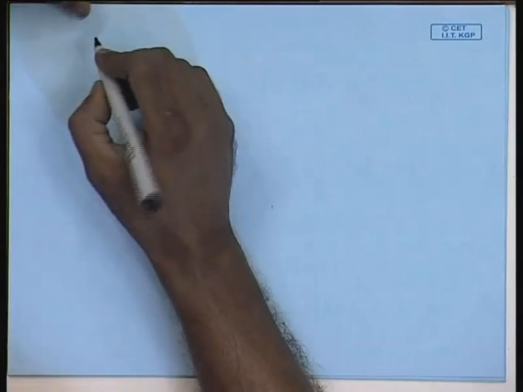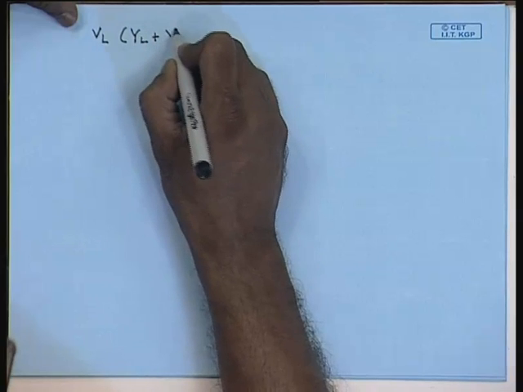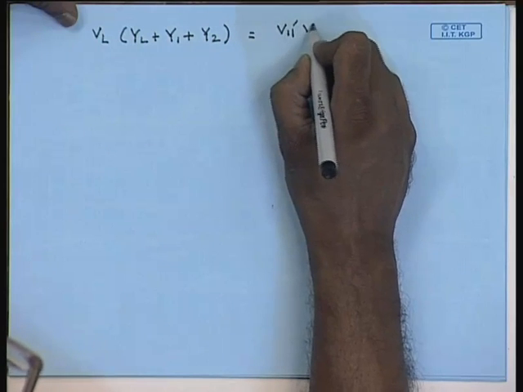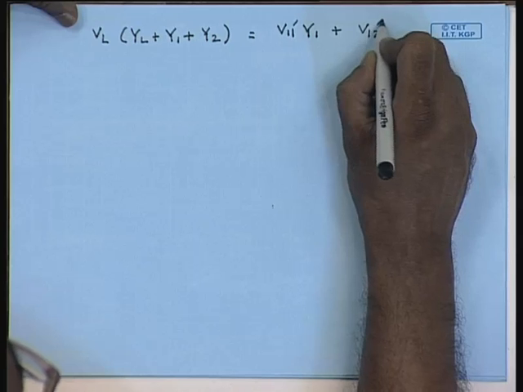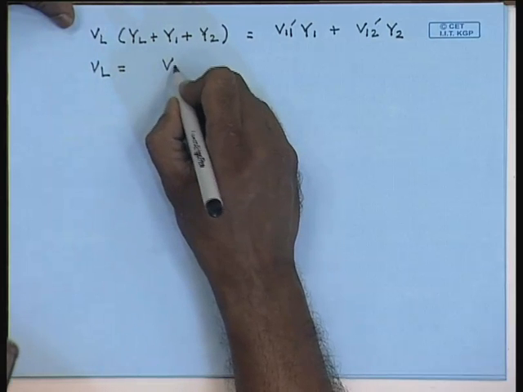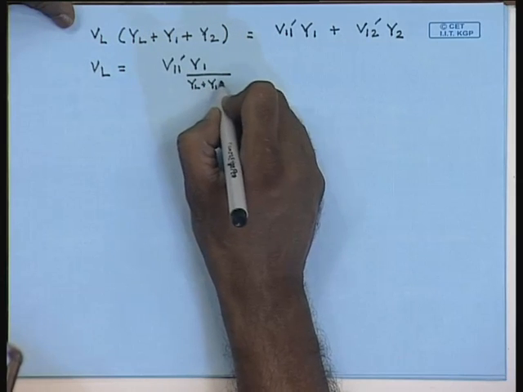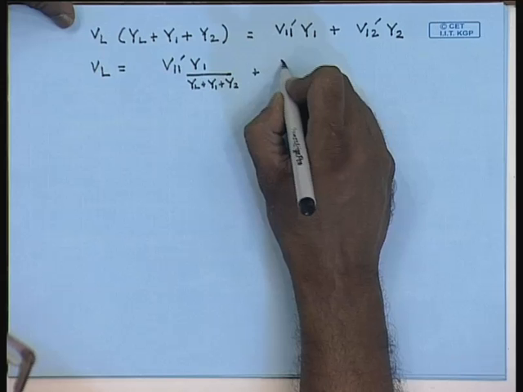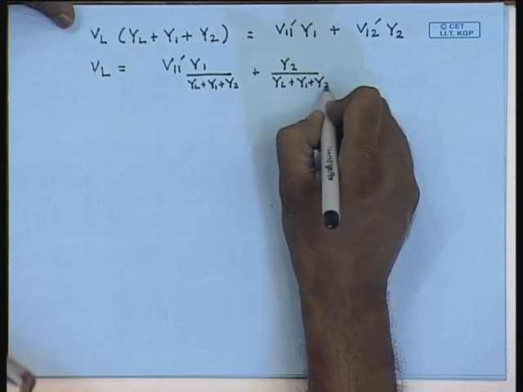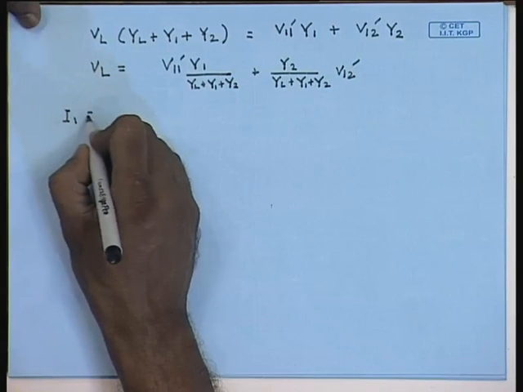Hence, we can write VL into YL plus Y1 plus Y2 equal to V11 dash Y1 plus V12 dash Y2, or VL equal to V11 dash Y1 divided by YL plus Y1 plus Y2 plus Y2 divided by YL plus Y1 plus Y2 V12 dash.